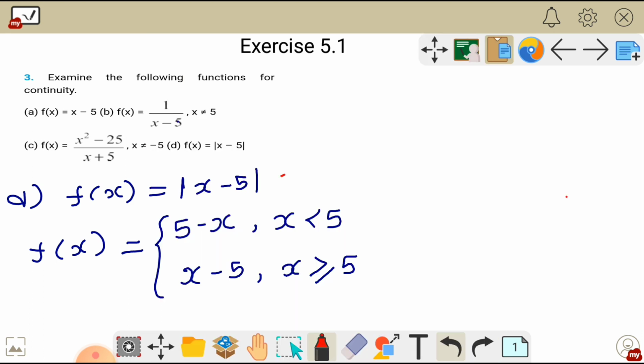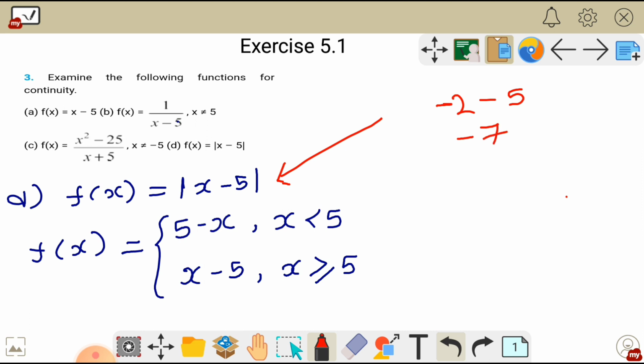So we have been given modulus of x minus 5. That means whatever the value of x is, the answer should be positive. Now suppose x is negative 2. If you write negative 2 as it is, then what happens? Minus 2 minus 5 gives us minus 7.